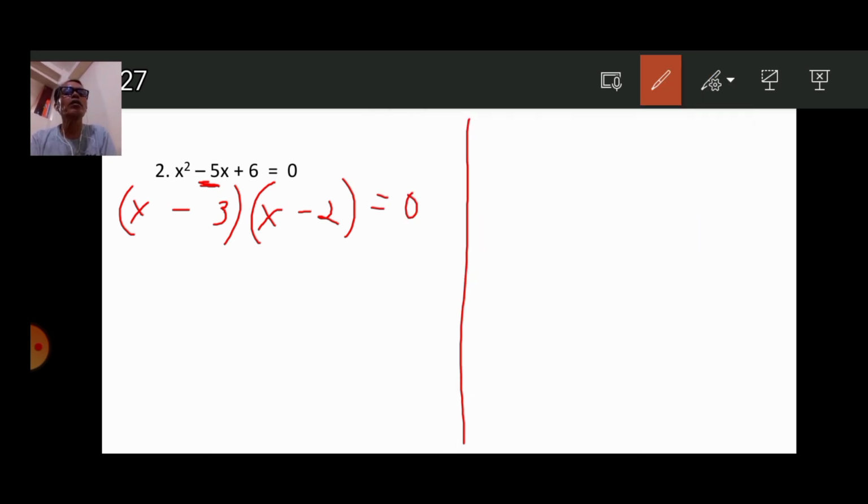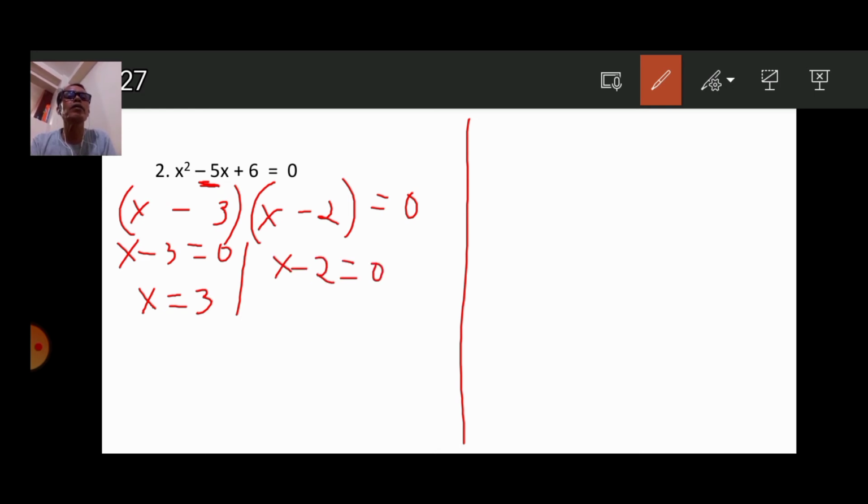Okay, equating the factors to 0, you will have x minus 3 equals 0. Transposing negative 3 to the other side, or solving for x, you will have x equals 3. The other one, x minus 2 equals 0.